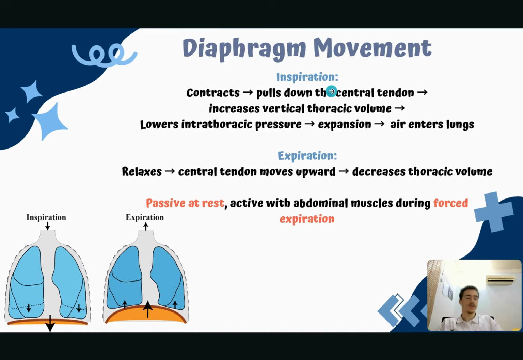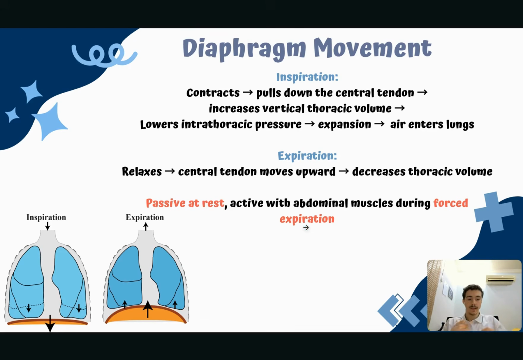Expiration is the opposite: the diaphragm relaxes and the central tendon moves up, with the same steps in reverse. What about the other muscles? They are passive at rest. The external, the internal, and the innermost, as we said, play a very important role in expiration, but in forced expiration, not at rest.